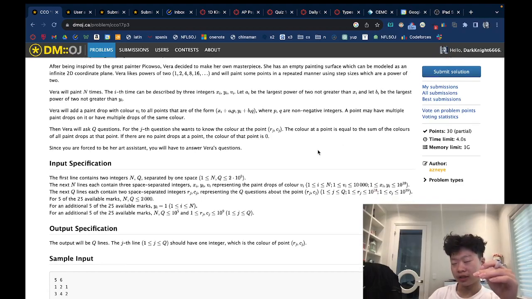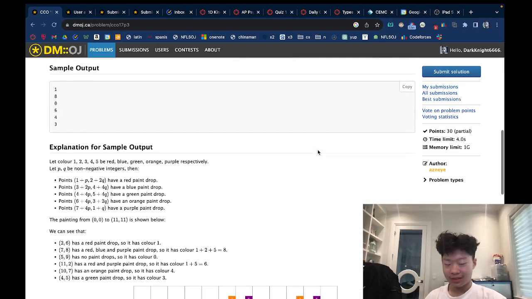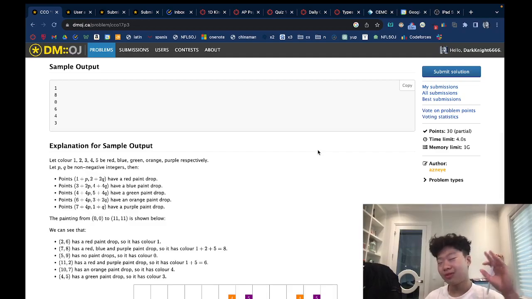And it's querying the sum of the values at a single point. This is a lot of bullshit. What is going on? Well, there is a lot, but we'll make it clear.